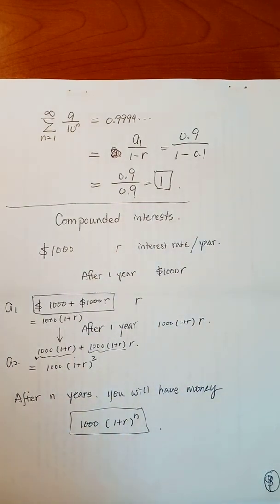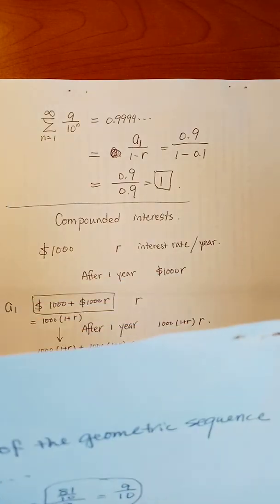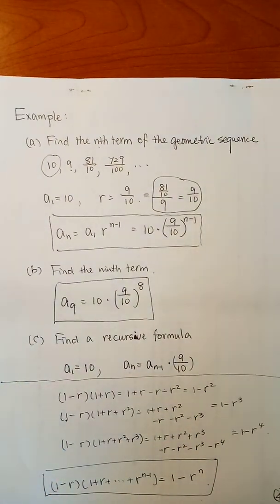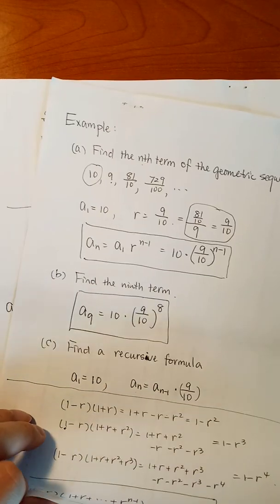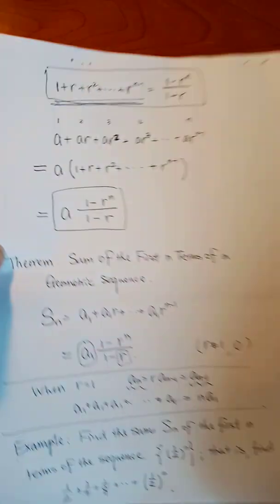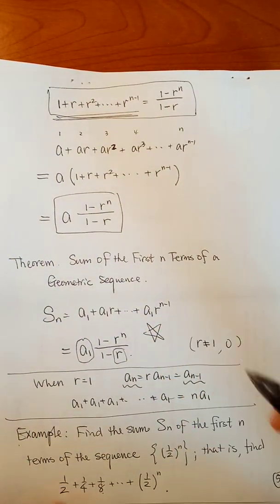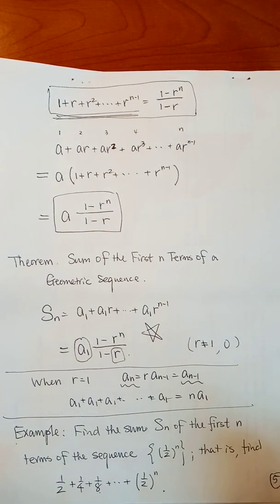Hold on a second, let me see. Okay, and this is the fourth page. Let me quickly show it. My video limit will be reached. And in this part we have the sum for the first n terms.